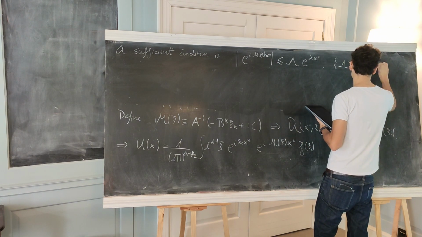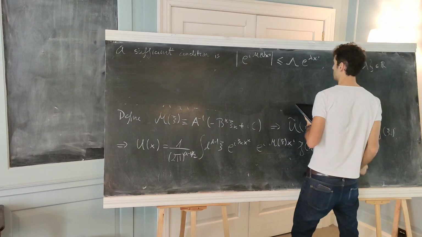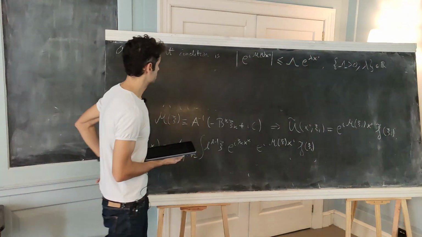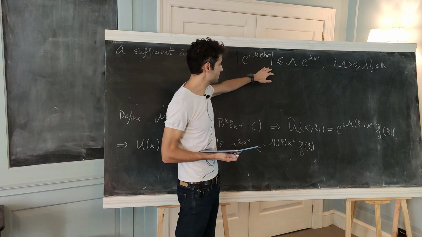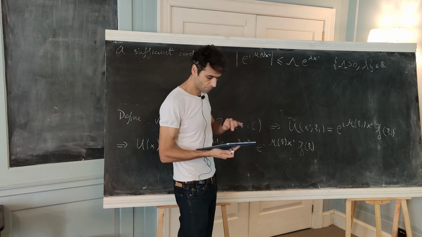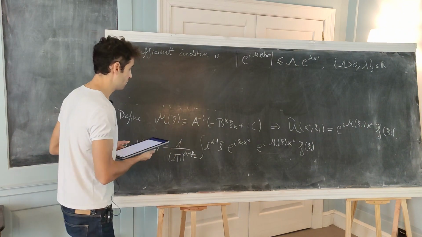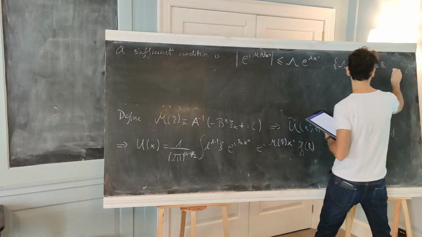So the sufficient condition is that you can bound this matrix in this way by a constant for all n and x naught greater than 0.